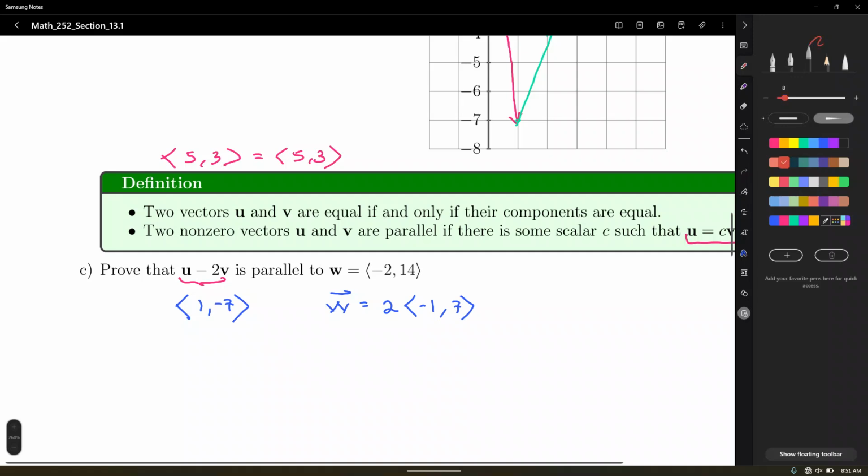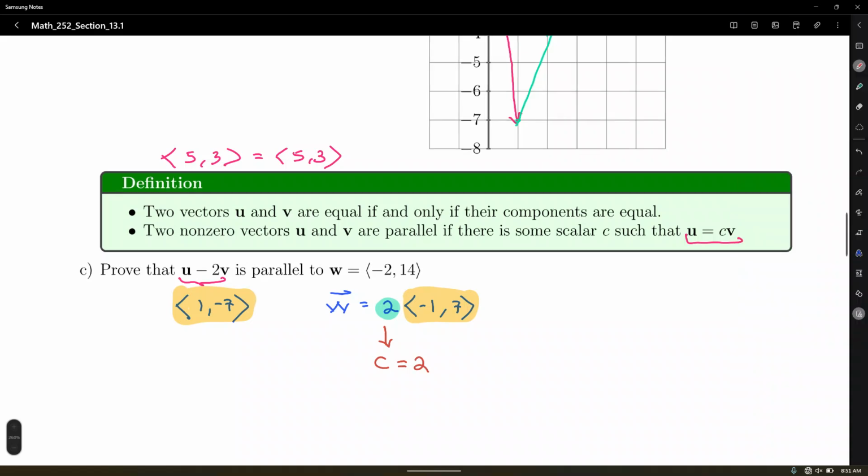Now, notice how these two vectors right here are the same. What changes is the scalar that multiplies it, where in this case, c equals 2. So this is a vector that is twice its magnitude. Is it going in the same direction? No, maybe not.